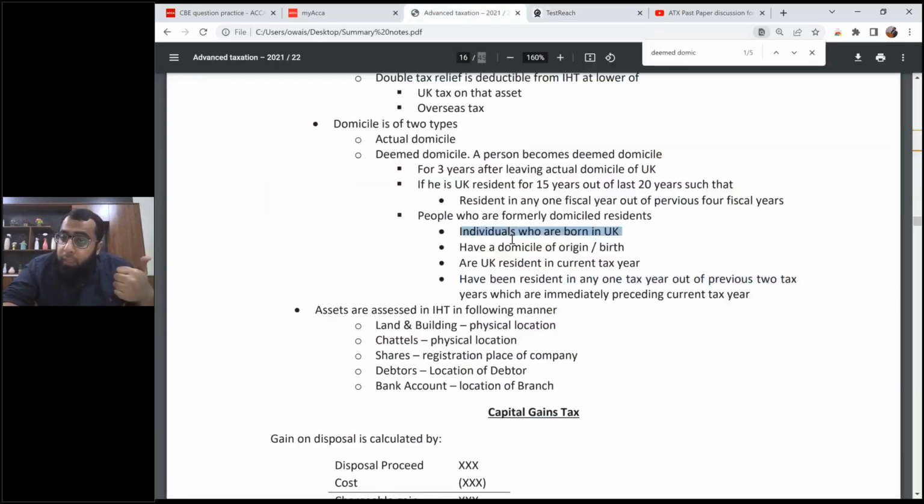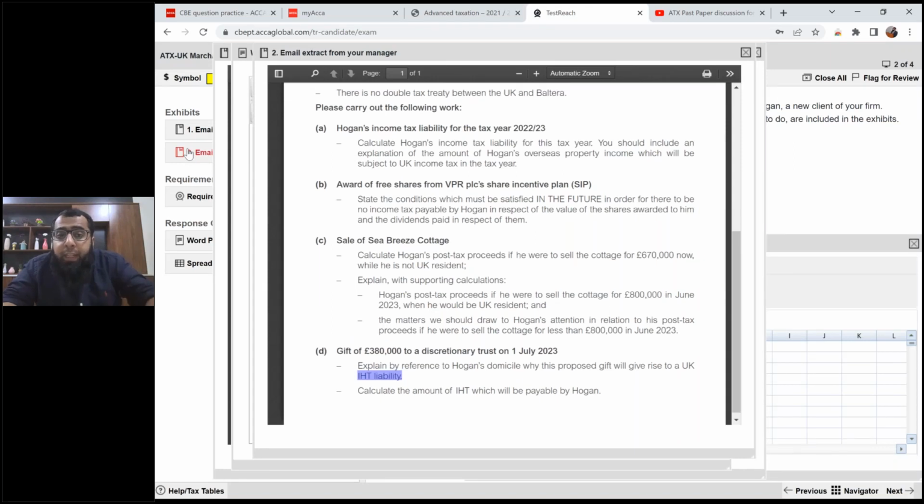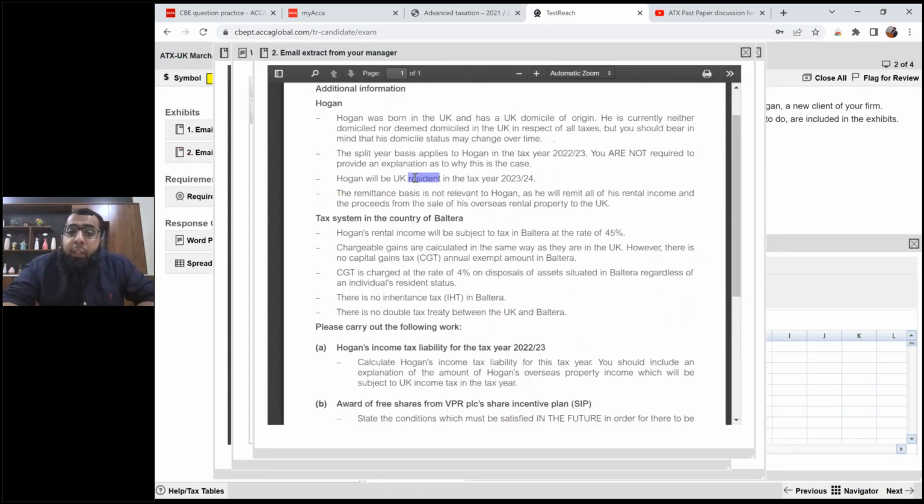Number two, you have domicile of origin. Number 3, you are UK resident in current tax year. The gift is made in July 23 and it is clearly written here that Hogan will be UK resident in the tax year 23-24. So yes, he is resident in the current tax year.